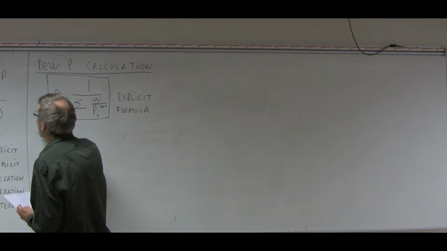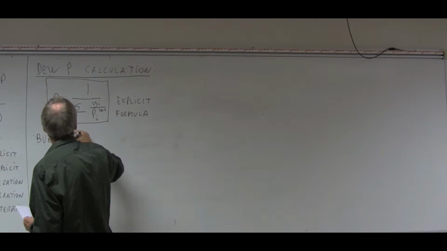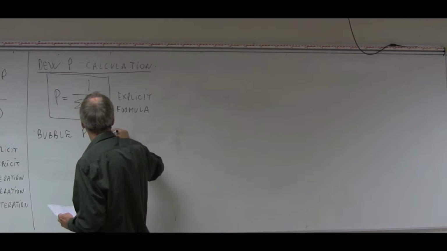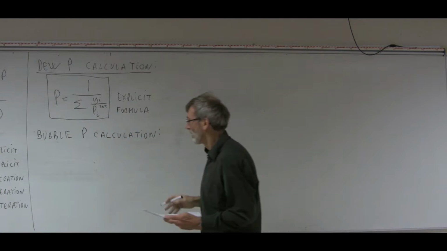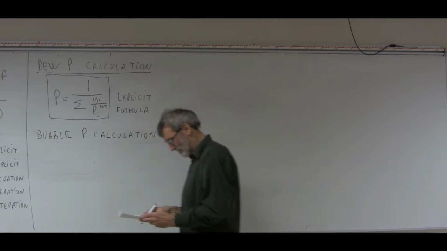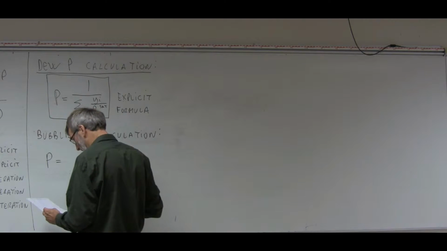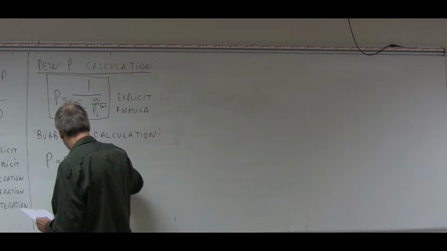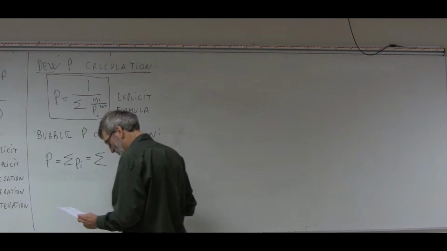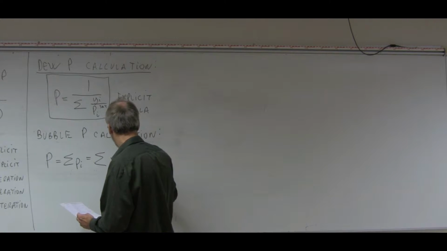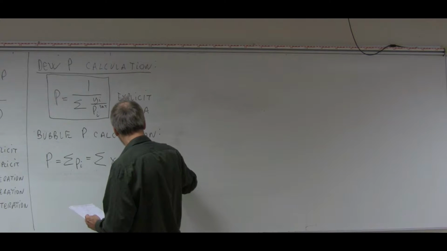Then we go to the BubbleP calculation. That is quite simply that the pressure is the sum of the partial pressures, which is the sum of xi times Pi sat.